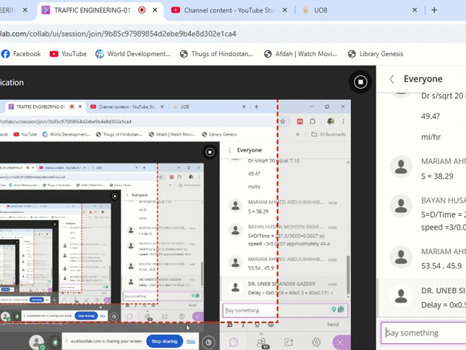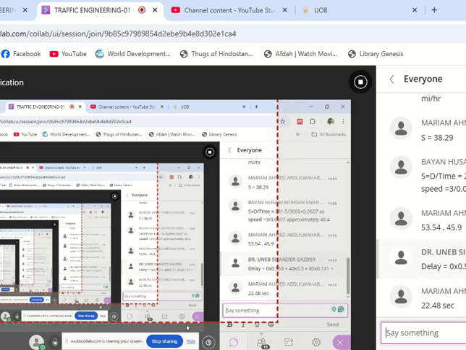How much is that? How much is this value? Okay, 22.48 or 22.5 seconds approximately.